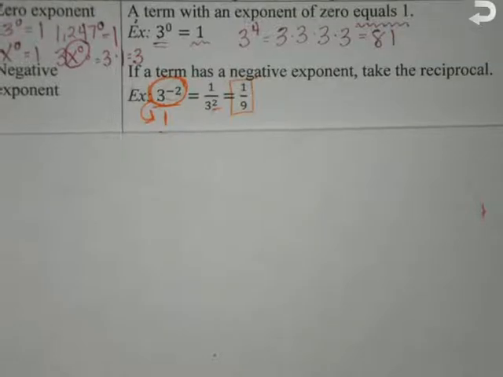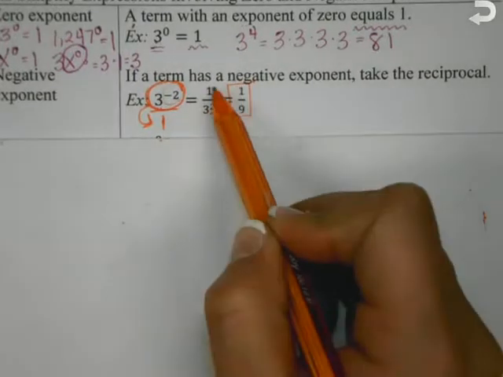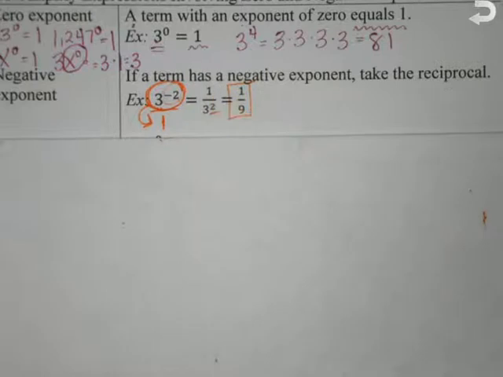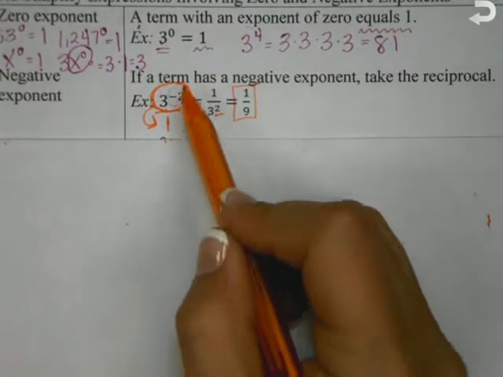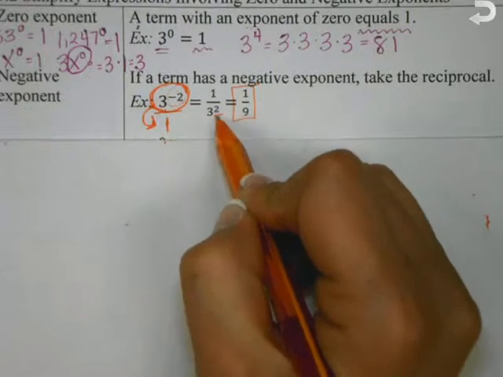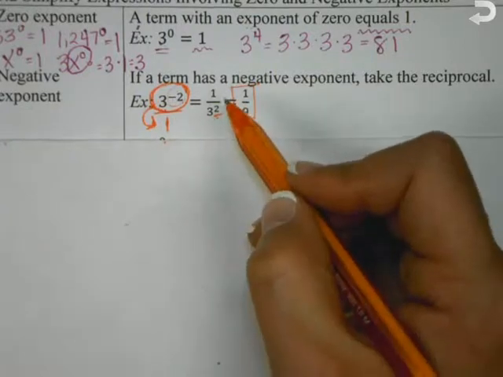The 1 is in the numerator not because we flipped the whole thing, but because when we move 3 to the negative 2 to the denominator, there's nothing there, so as a placeholder we put a 1. We'll do more examples with this.